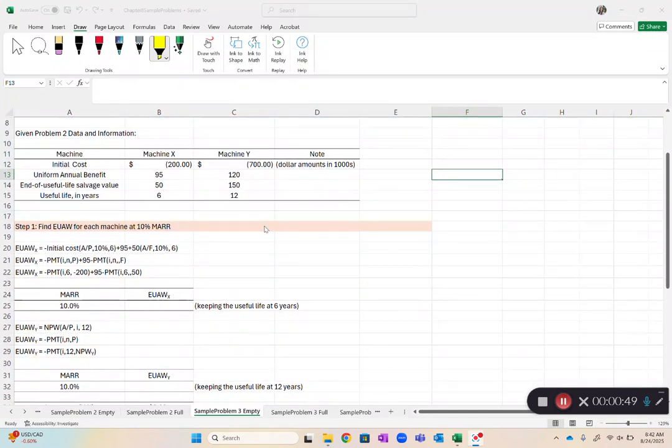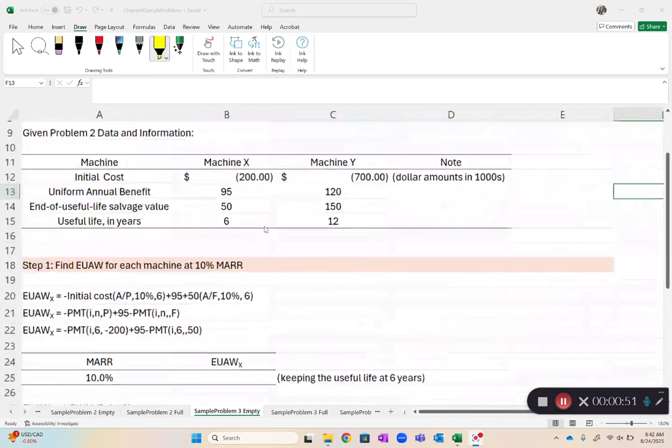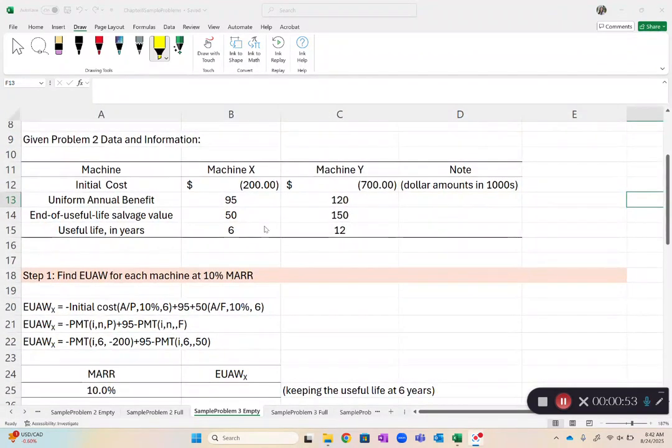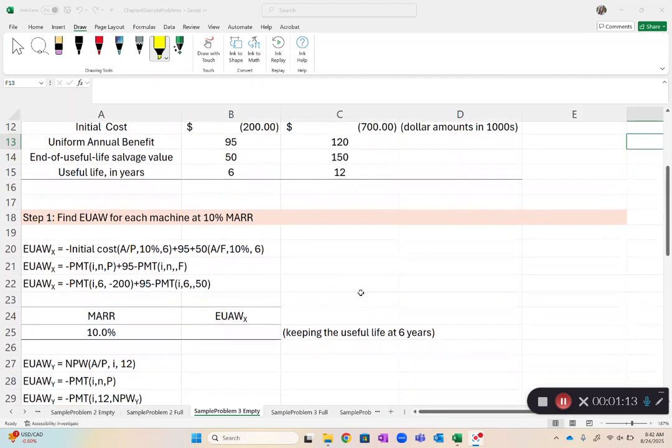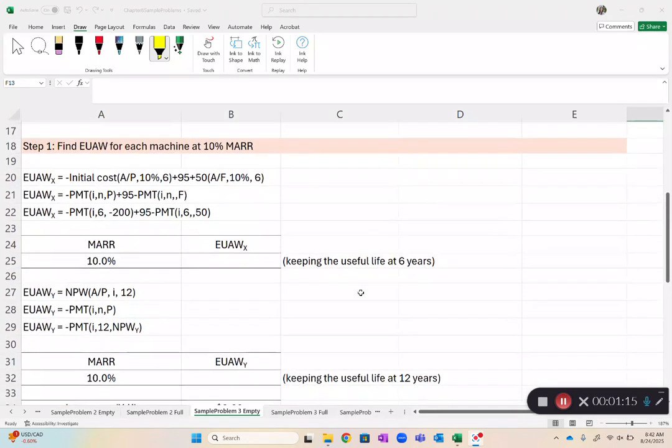Okay, so I'm going to rewrite down the data from the example we just did. So I have a machine X, machine Y, and then I have my values this way. So initial cost is 200, uniform annual benefit is 95, salvage value 50, useful life 6, etc. Okay, so now I kind of wrote these in steps.